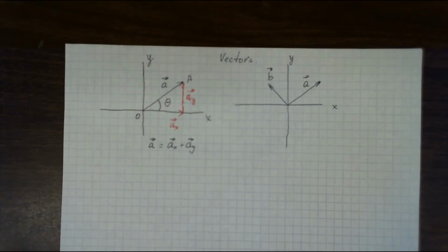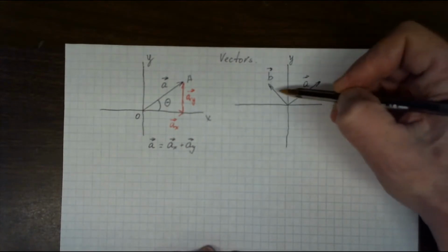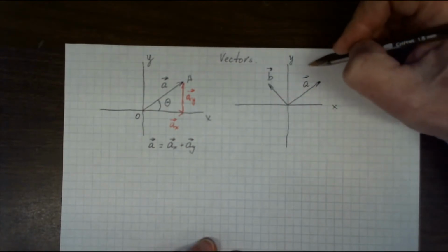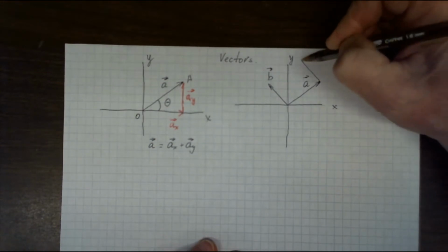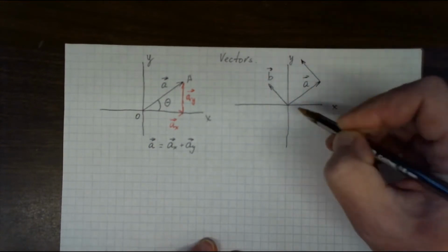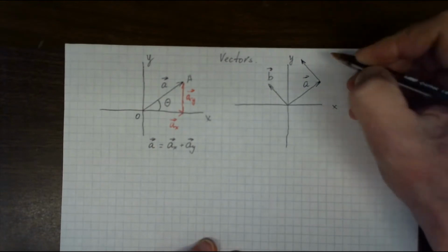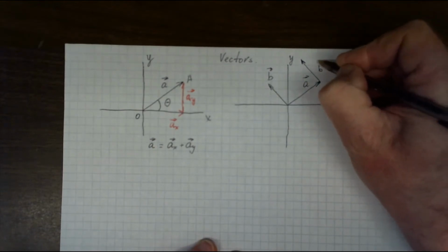It's identical vectors if they have the same magnitude and the same direction. So if I take a look here, here is my vector B. If I move it to the tip of vector A, this is still my vector B.